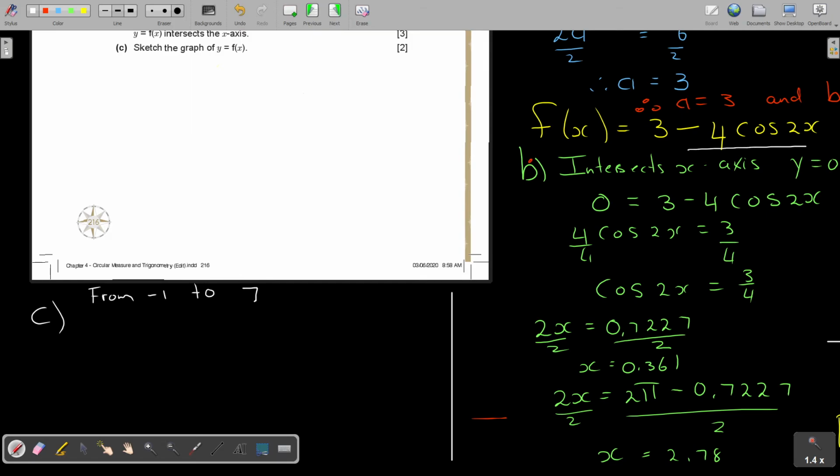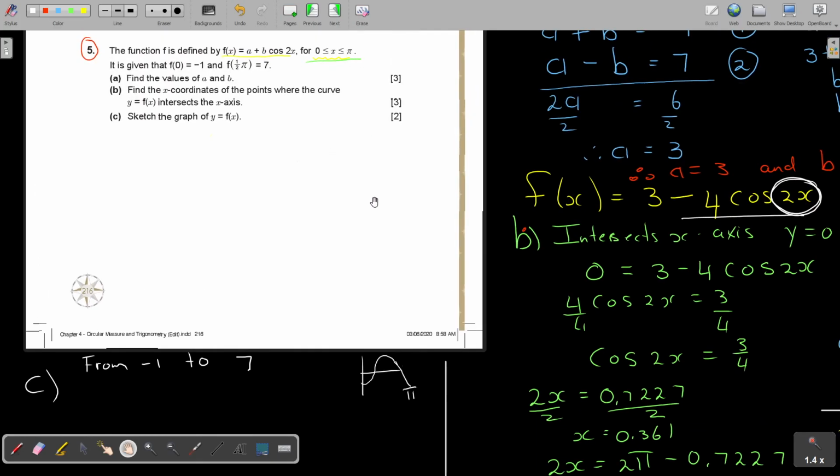Remember, it's negative, so instead of the graph coming from the top, it's a reflection in the x-axis, so the graph is coming from the bottom. Are you with me? It's just up to pi, but because of the 2x, it will repeat twice in 2 pi. But they want the graph only up to pi.